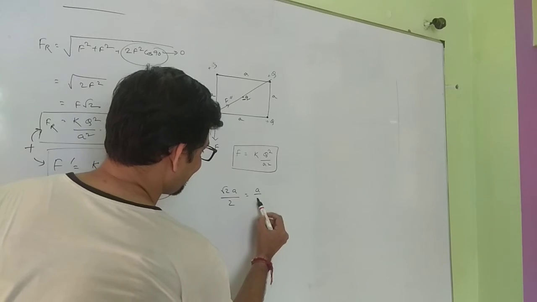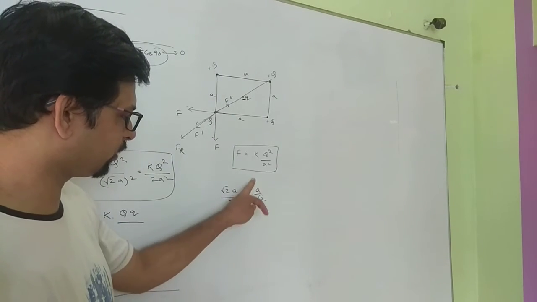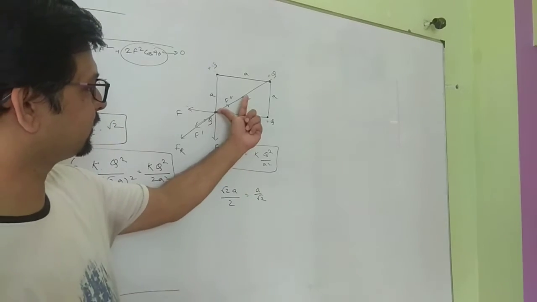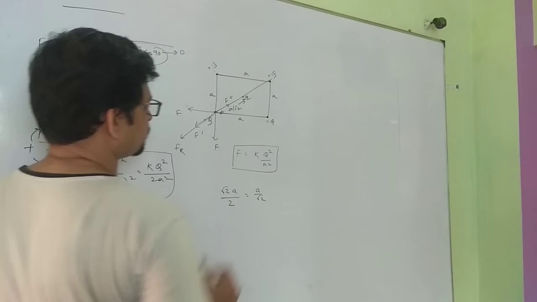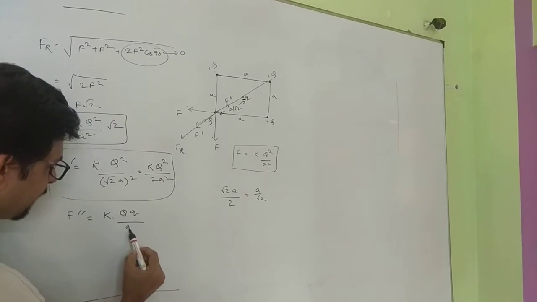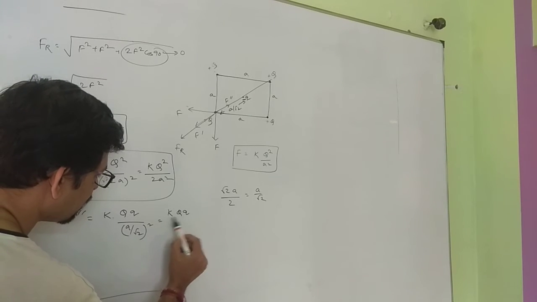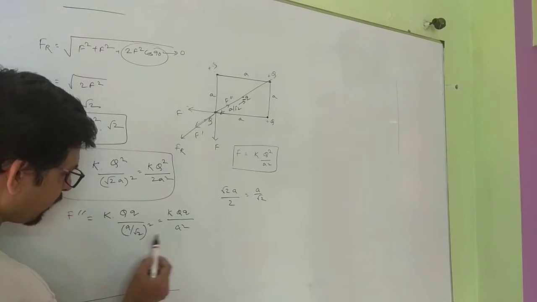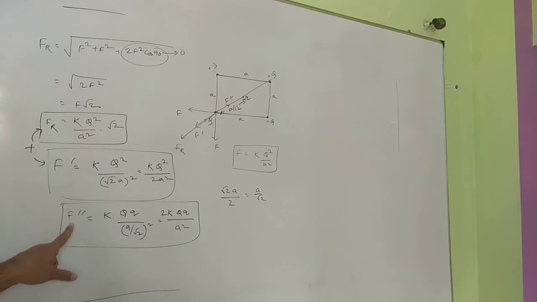That means it will be A by root 2, since the 2 can be written as root 2 into root 2 and the root 2 cancels out. So this inward force will be K Q q by A by root 2 whole square. You can write K Q q by A square, and root 2 square means 2, so 2 K Q q by A square, going upward. This is the inward force.